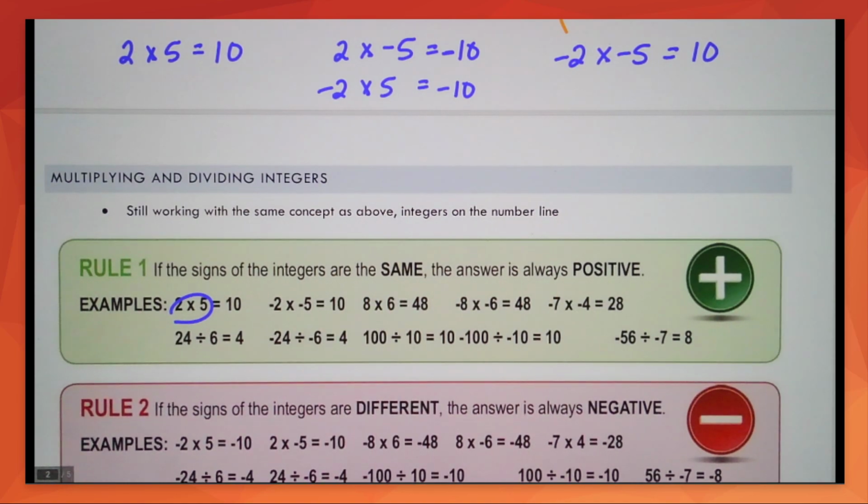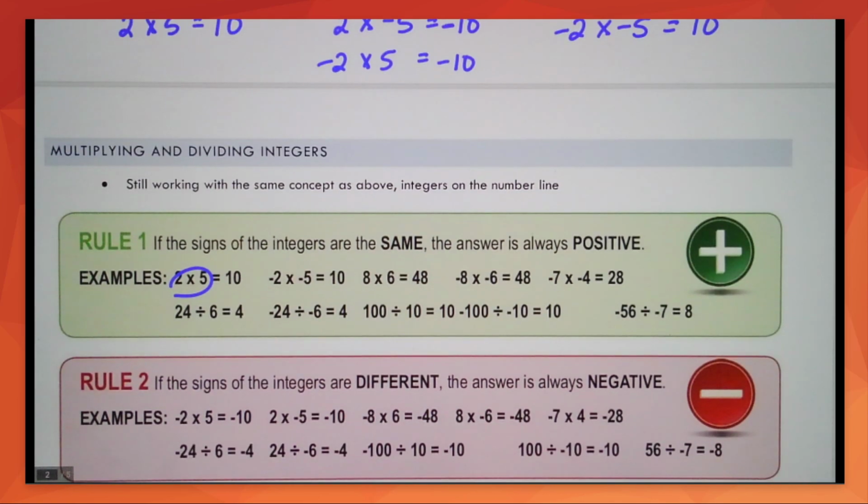So 2 pluses gives you a plus, and 2 minuses gives you a plus. If the signs are different, the answer is always negative. So a negative and a positive gives you a negative, and a positive and a negative gives you a negative. Follow these examples here, and you'll see exactly what I am talking about.